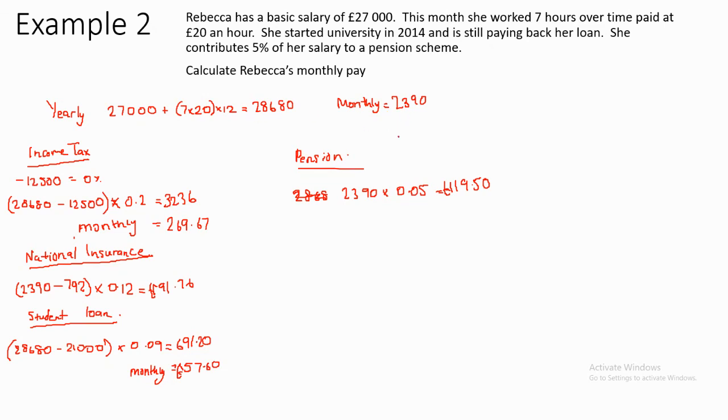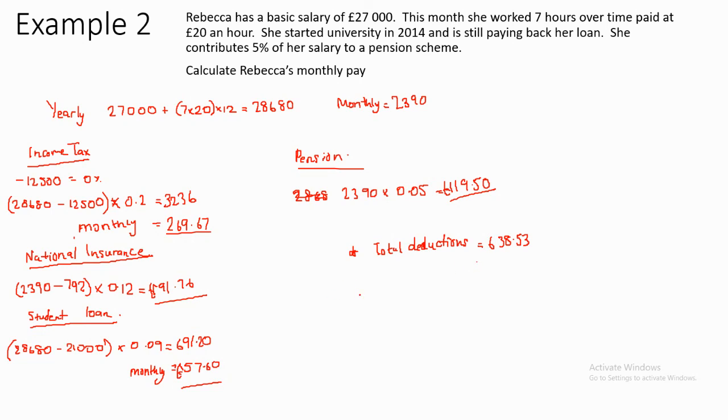So gross 2390. Deductions: 1, 2, 3, 4. So total deductions 638.53.